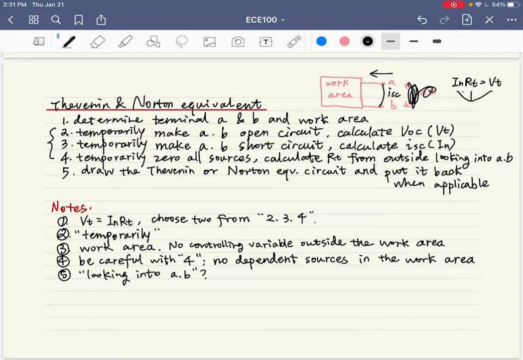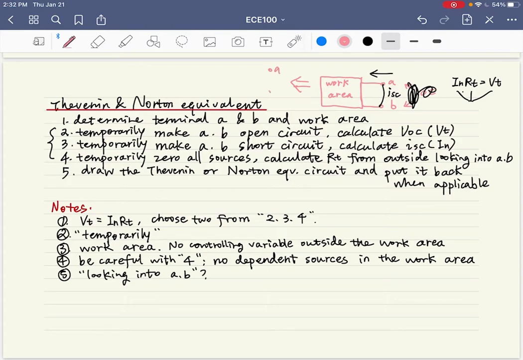Because of the relationship between IN, RT, and VT, as long as you get 2 of these 3 variables, you will be able to get the other one. So among steps 2, 3, and 4, you can choose 2 of them.